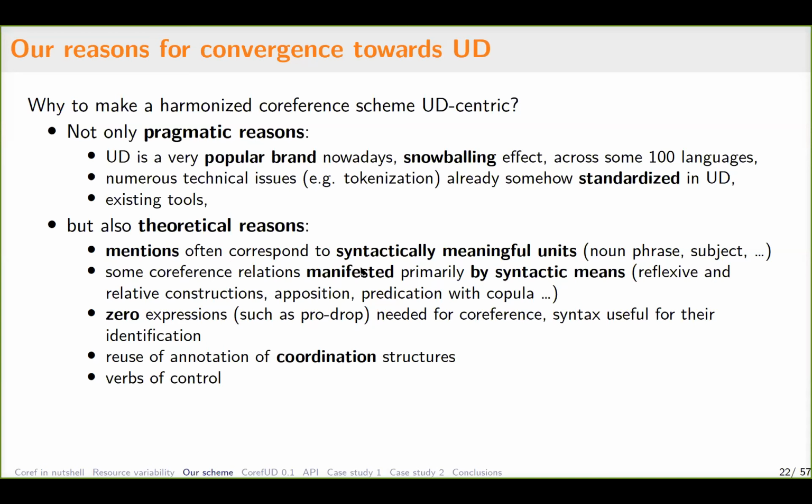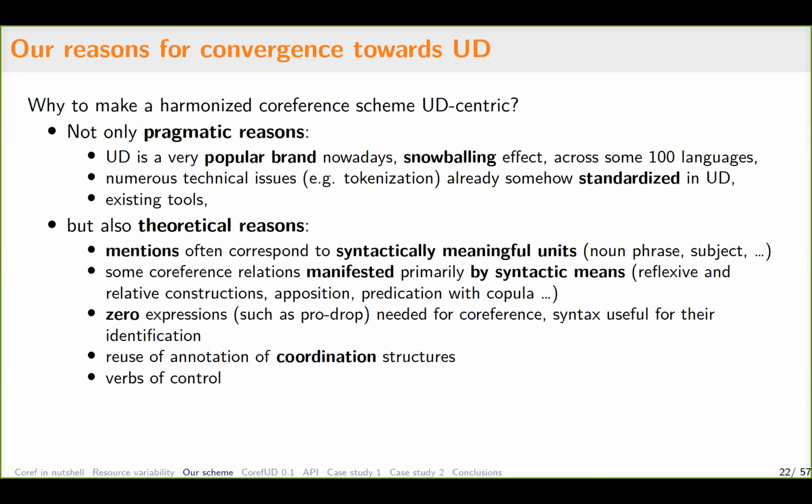It could be the case of relative clauses, also reflexive pronouns, apposition, perhaps some kind of predications. It is also some kind of overlap between syntax and coreference. Another reason is that at least in languages like Czech, we simply have to consider zeros, especially pro-drops, but there are many other types of them.